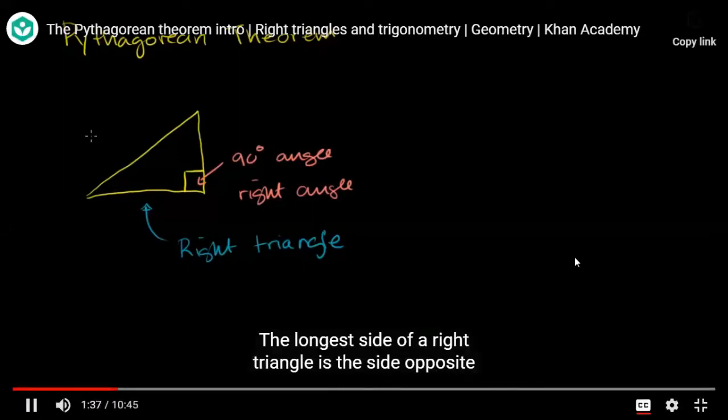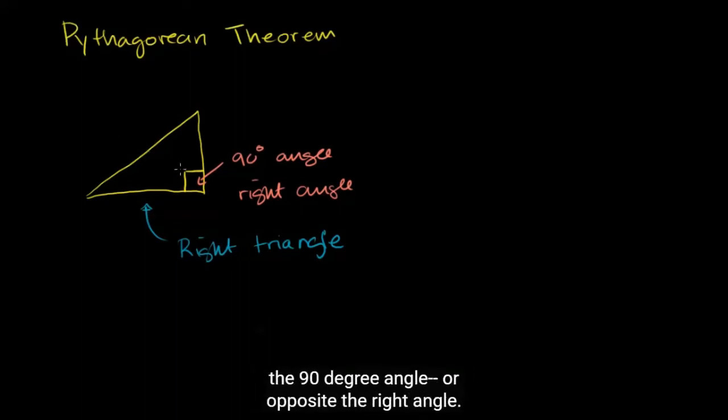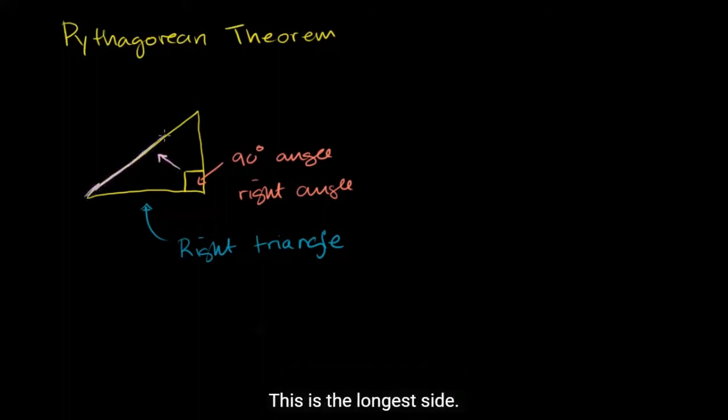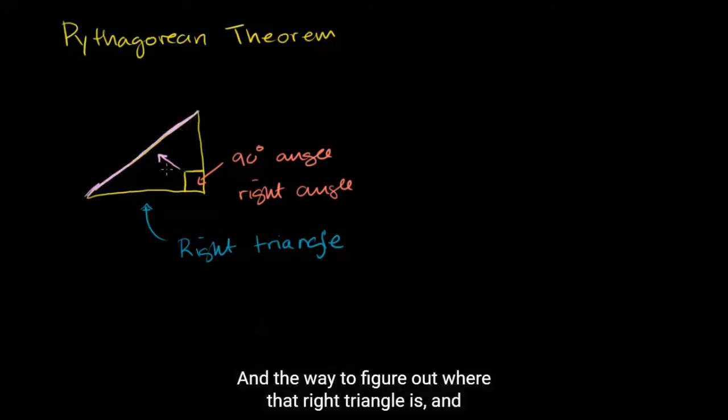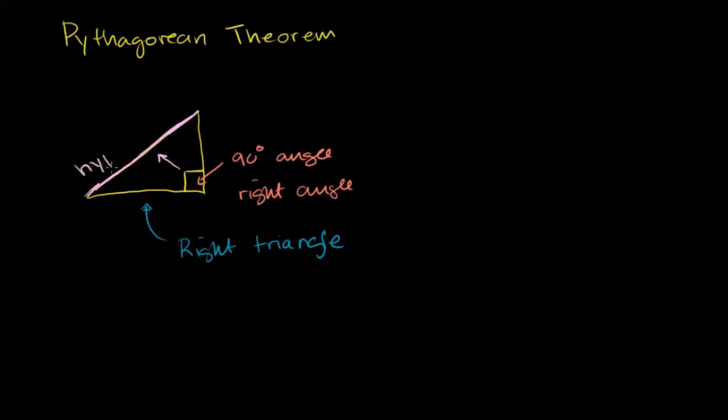The longest side of a right triangle is the side opposite the 90 degree angle, or opposite the right angle. So in this case, it is this side right here. That longest side is called the hypotenuse, and it's good to know because we'll keep referring to it.